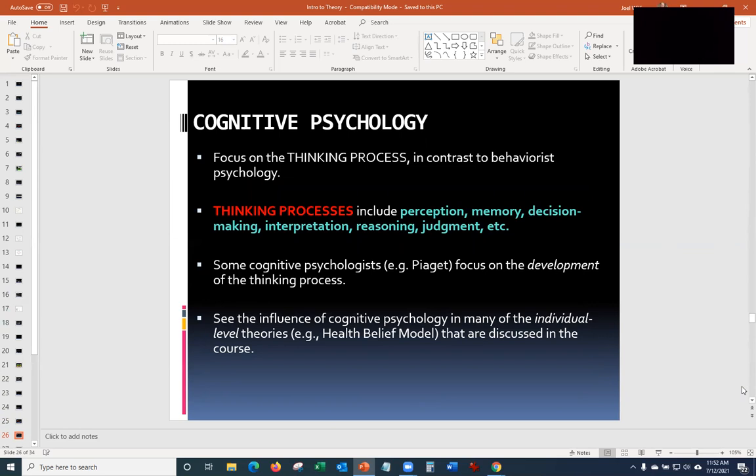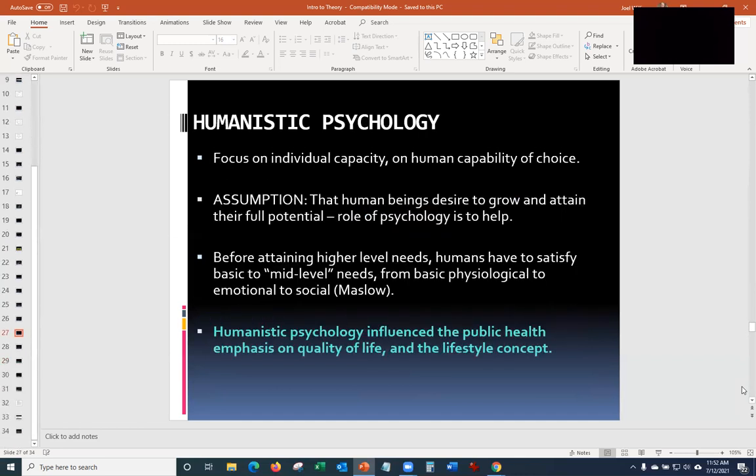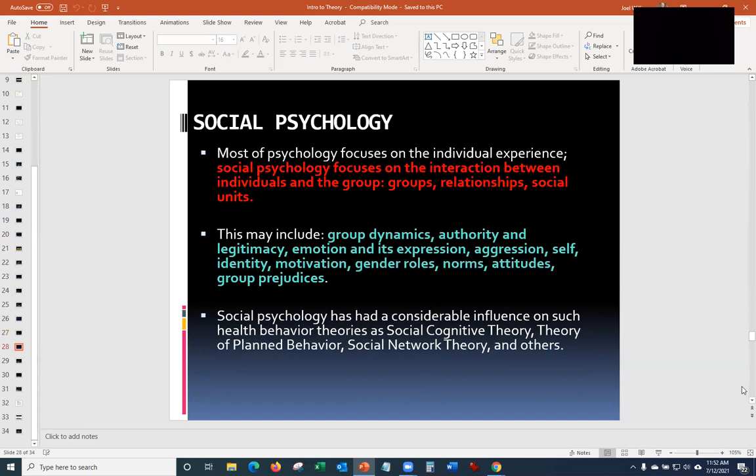Cognitive psychology is also influencing what we're studying because a lot of the things that we talk about have to do with a person's knowledge, things like decision making. And so you're going to see some influence of cognitive psychology in the theories and models that we talk about as well. And then there are also some more fluffy constructs, if you will, that come from humanistic psychology. And then certainly a lot of social psychology influence, especially when we get to the theories where we're looking at interactions between people.